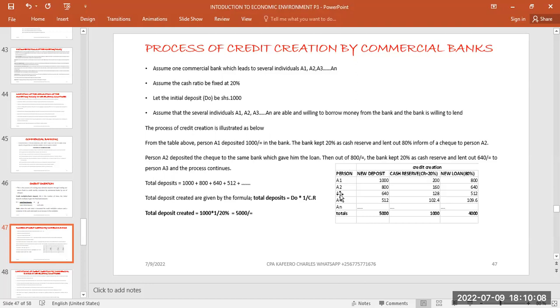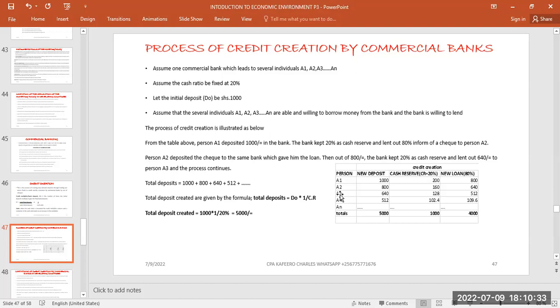Let's say you have a fixed account and someone has deposited 1,000. When the person deposits 1,000, we keep 20% as cash reserve. Then the amount that is remaining will be 800.